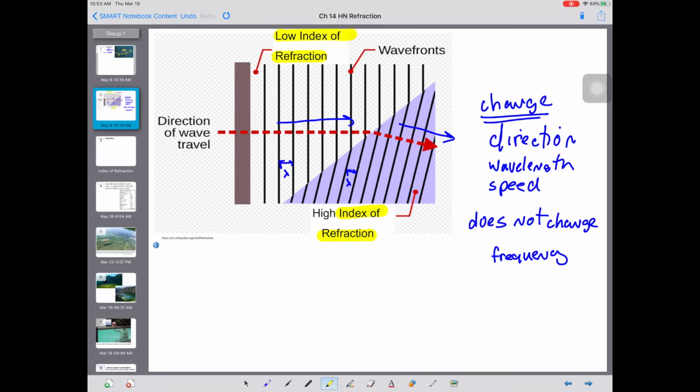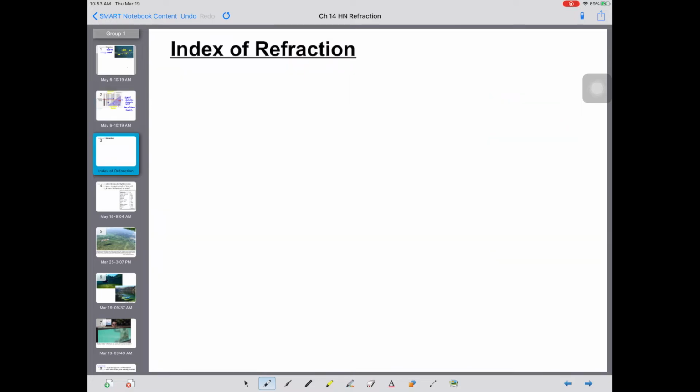So in this diagram, we have light going from a low index of refraction into a high index of refraction, and we see the amount of bend. Now, index of refraction is basically a value that describes how much the speed changes, and by that, how much bend you would expect.